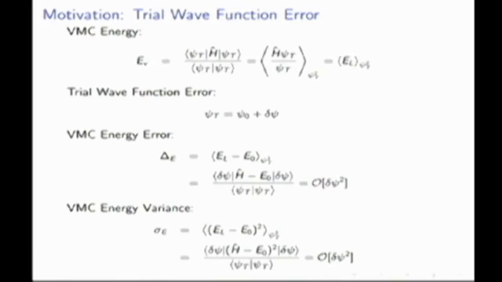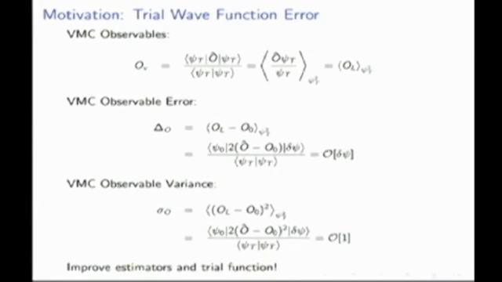So if we take the expectation value of the local energy minus the ground state energy squared, then we'll see that this error also goes as second order in the trial wave function error. So this is actually great. This is one of the reasons that variational Monte Carlo works so well, because the error that we make in the energies and our observables is second order in the trial wave function error. But this wave function error still exists, and it's something that we want to minimize.